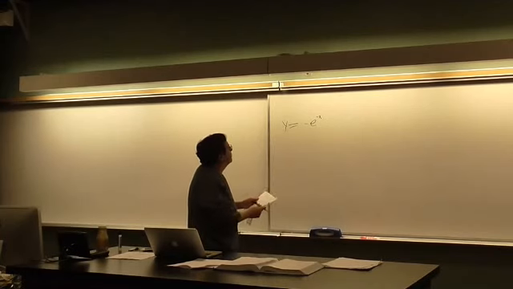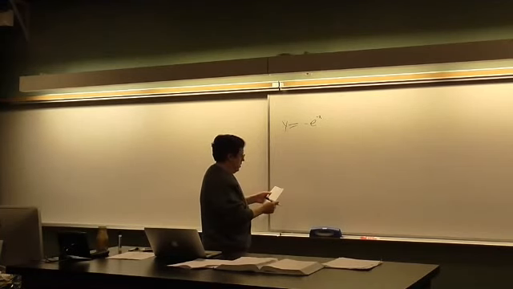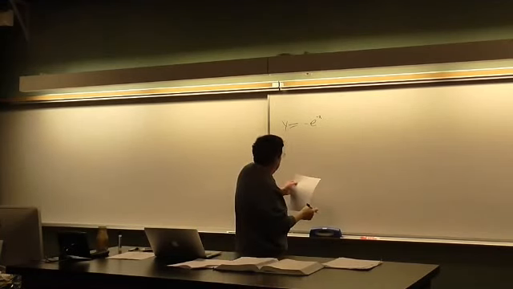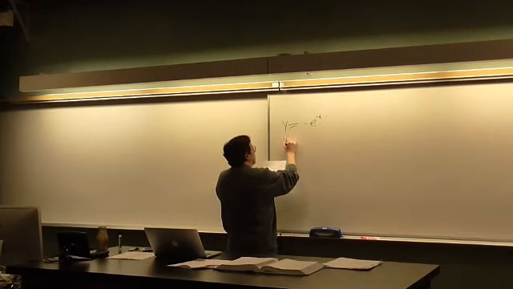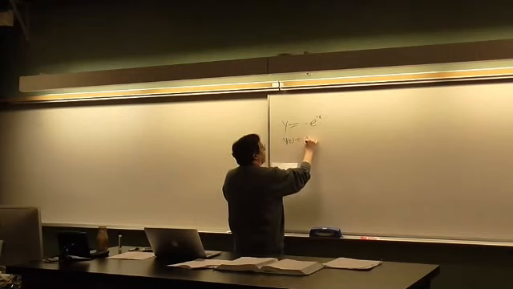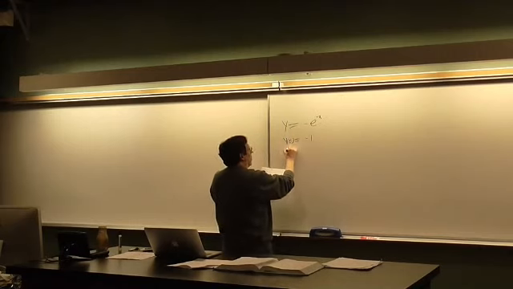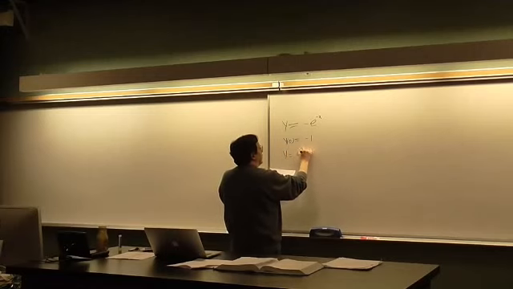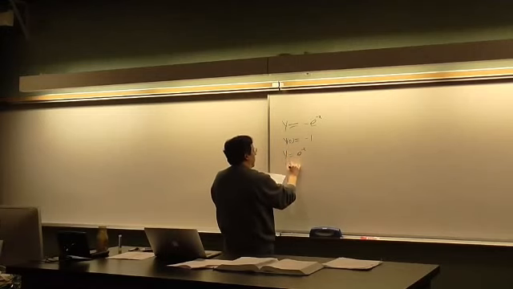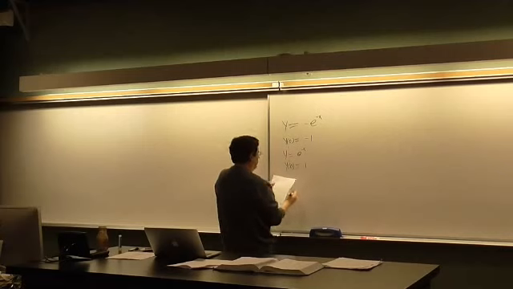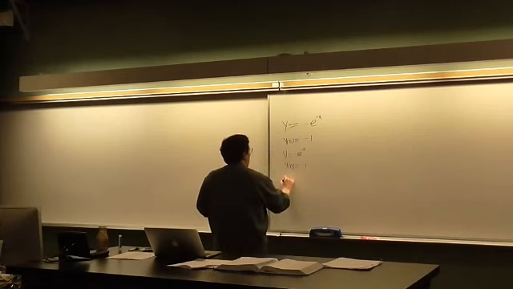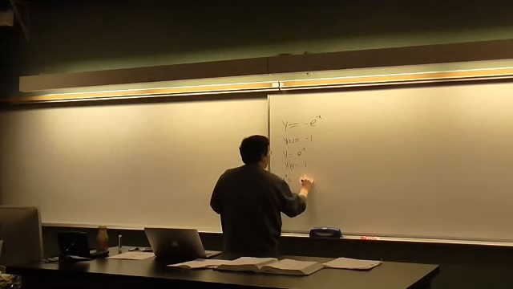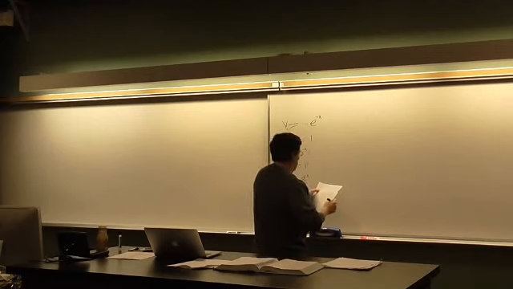Okay, well, let's check it out. Let's do an initial condition on it first. So y of 0 equals -1. Y prime equals e to the minus x. So y prime at 0 equals 1. Oh, so that's good. Y double prime equals negative e to the minus x.